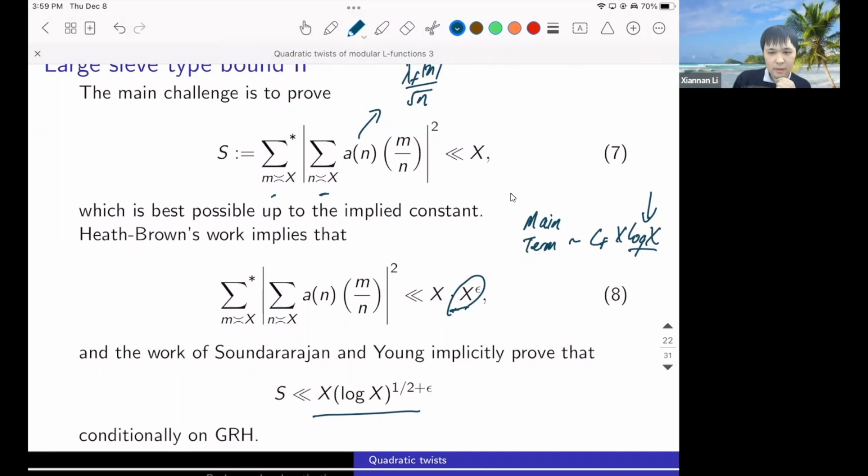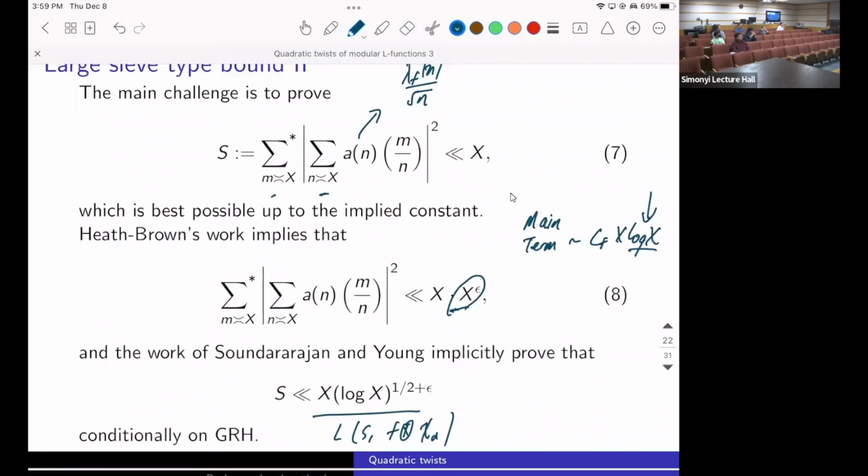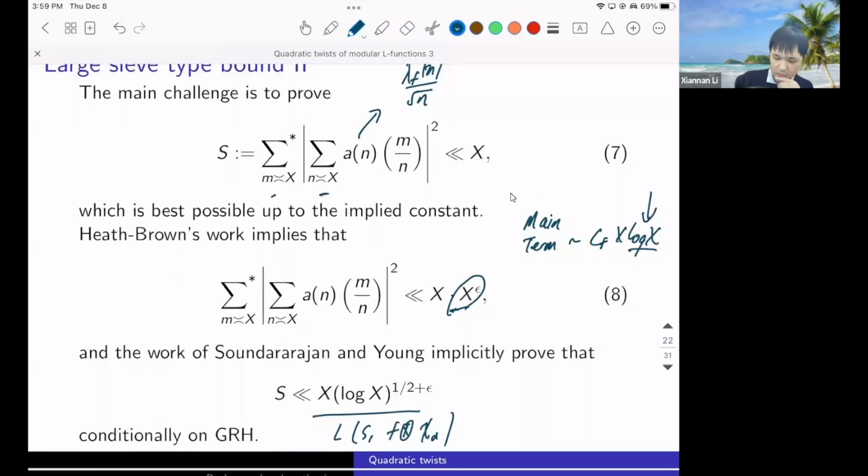I think it's just the L functions L(s, f × χ), not directly L functions independently. Okay. No, I don't think they need to do that. So the technique is really only studying a single L function.